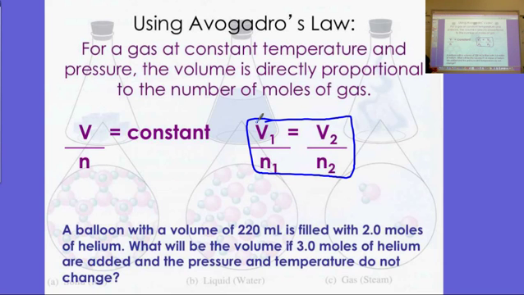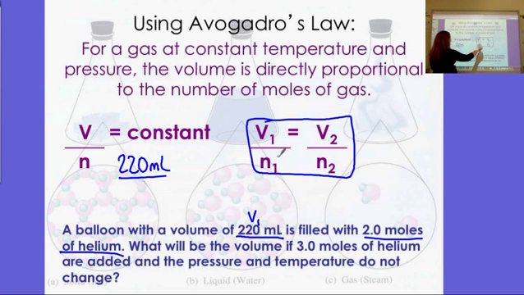Sample problem. A balloon with a volume of 220 milliliters, that's my volume 1, is filled with 2 moles of helium. N has to be in moles. 2 moles of helium. Now, carefully watch the wording.